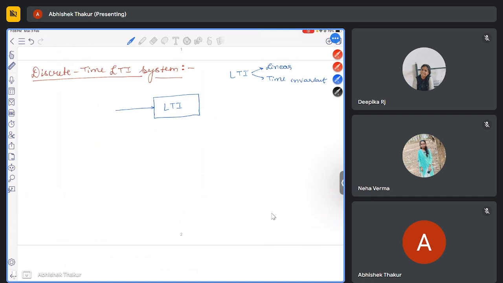If an input x[n] is given, then the LTI system will produce the output, that is the transformation of x[n].